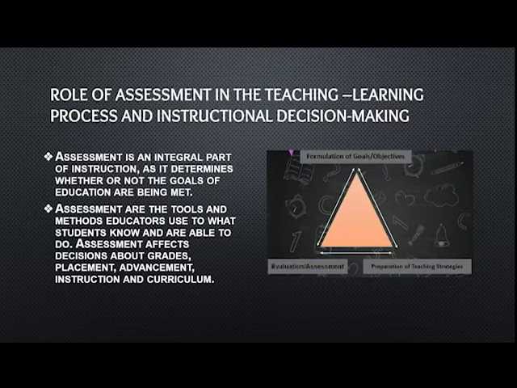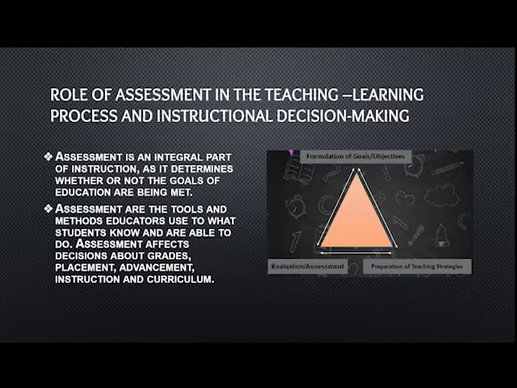Take a look at that. A teacher always makes a plan, and that plan is based on assessment. The plan or decision that he made is based on assessment. So this is the role of assessment, from making grades, placement of students, advancement of instruction, and revision of curriculum.